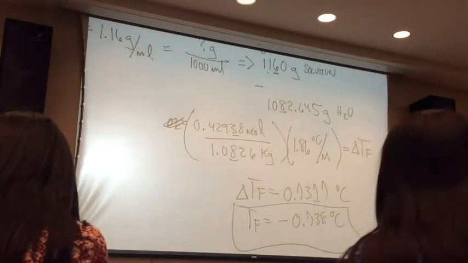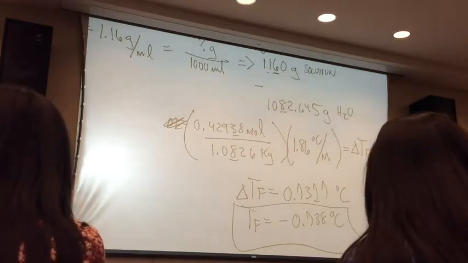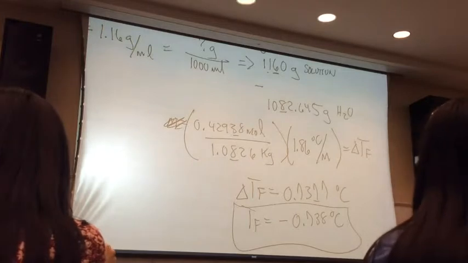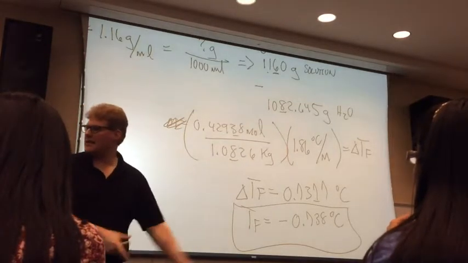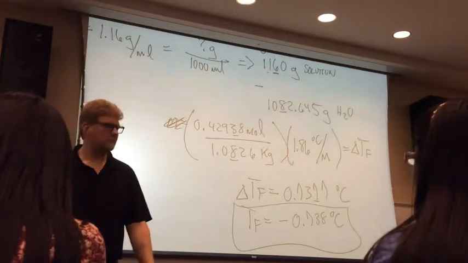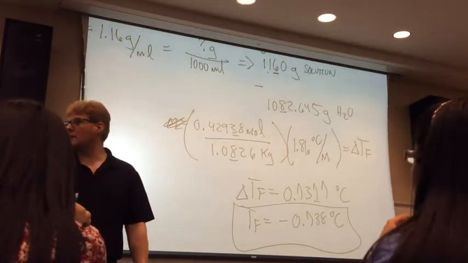Okay? So this problem involved first using your osmotic pressure to get a molarity, a unit conversion to get molarity to molality, and then the molality to calculate a delta T and then a T. A lot of steps, but each step you should be comfortable doing.